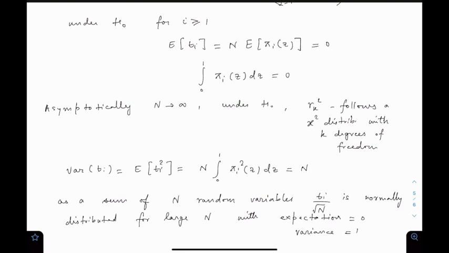Now, in the literature, there are many more goodness of fit tests that are often discussed, and each of them has its respective merits, but we'll continue our discussion up to this point.